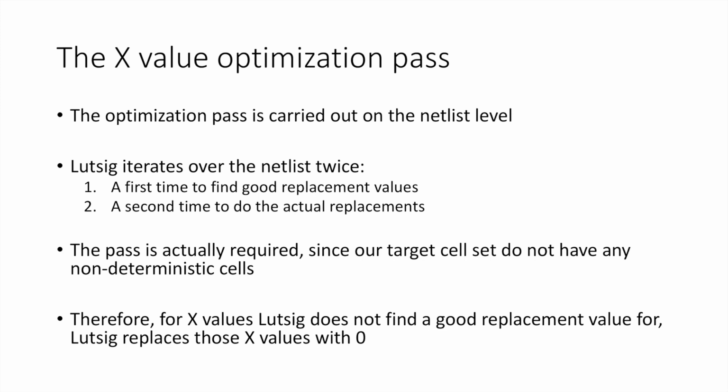And this is not only an optimization pass, this is actually a required pass, because our target cell set does not have any non-deterministic cells. So we actually need to replace all X values even if we do not have a good replacement value. So for those X values where we didn't really find a good replacement value, we simply replace them with 0 such that the netlist is deterministic after this pass. So we can later technology map it.